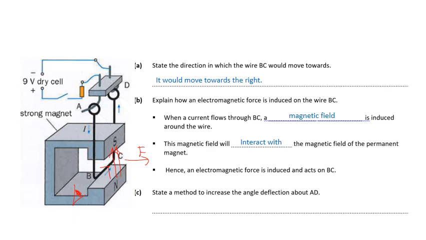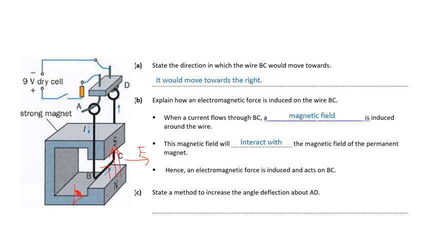I want you to think about part C. How can we use a method to increase the angle of deflection about AD? We're just asking how we can have a greater force such that BC will swing more widely. That is where you think about all your previous lessons on electromagnetism.